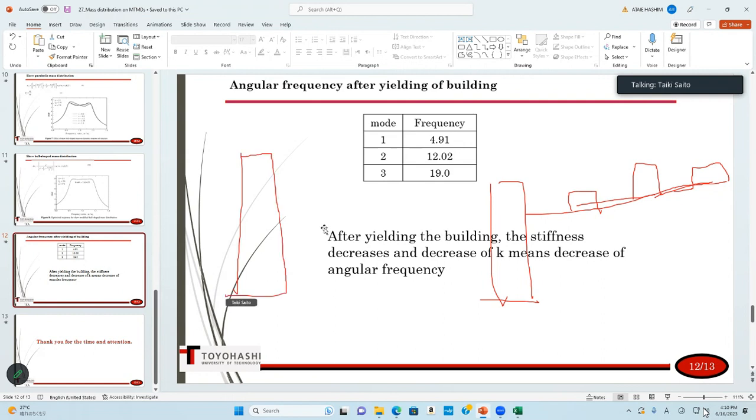I remember you said the TMD for the first mode is around the top, and the TMD for the second mode is also close to the top of the building, right? Yes. The first mode frequency will change after yielding, but the second mode is not so affected by yielding.